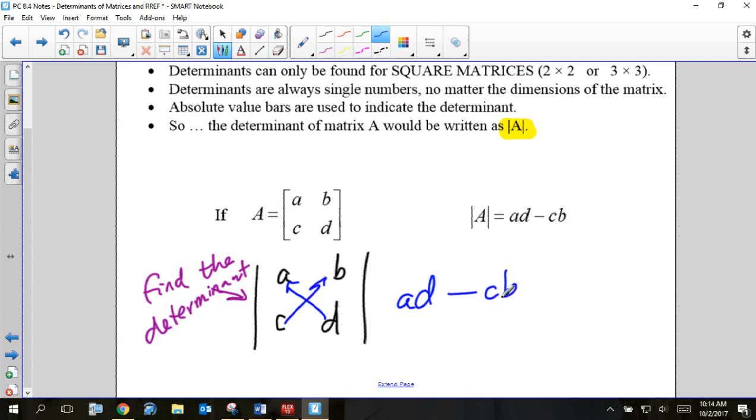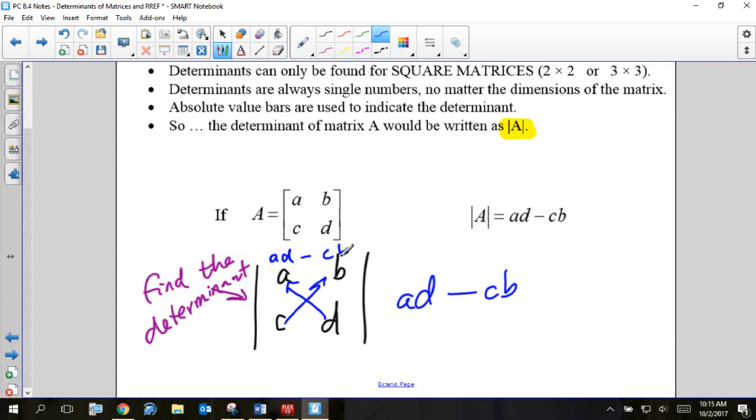So you're going to kind of cross multiply up, has to be up, or you'll be in the wrong order. So again, AD minus CB. So AD goes here, minus CB goes there.